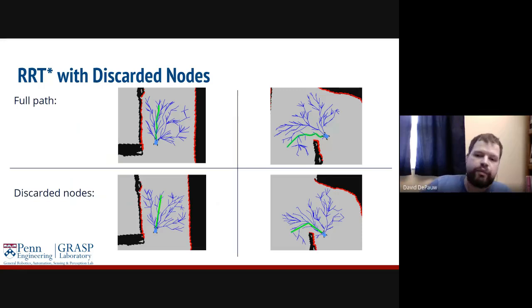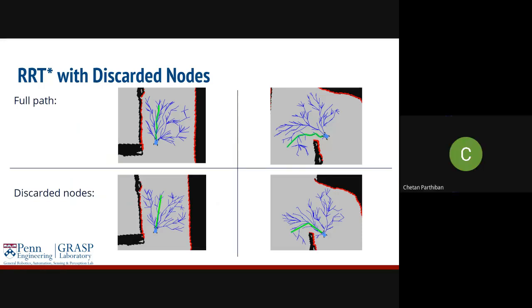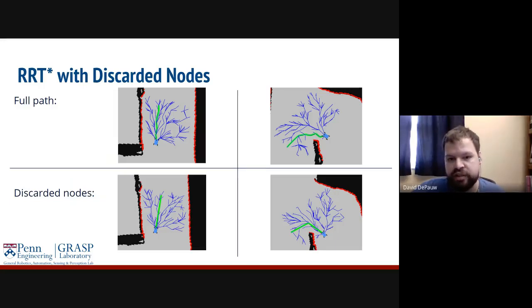One thing we tried is pruning our RRT trees. Basically, when we find the optimal path that we want to take, we walk backwards along the path and check if there's any collisions between our root node, or whatever current node we've already chosen, and future nodes in that tree.